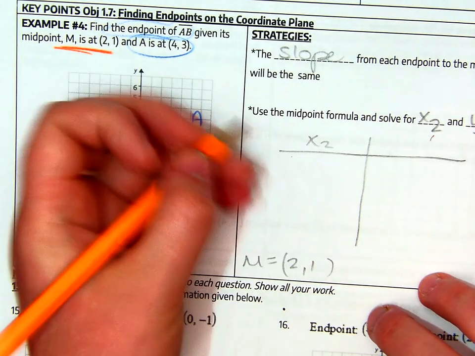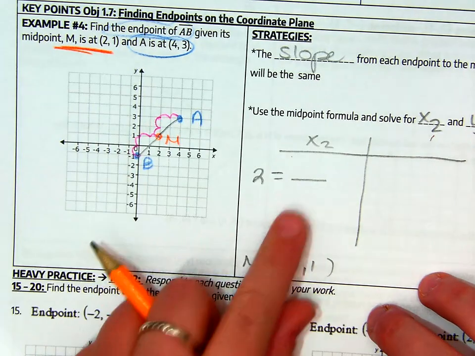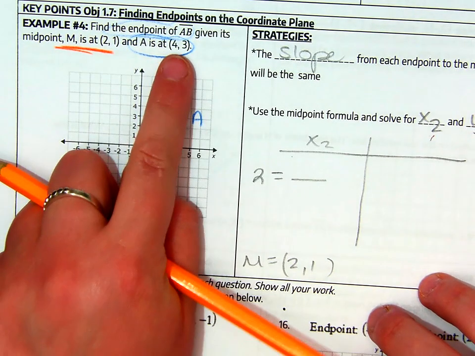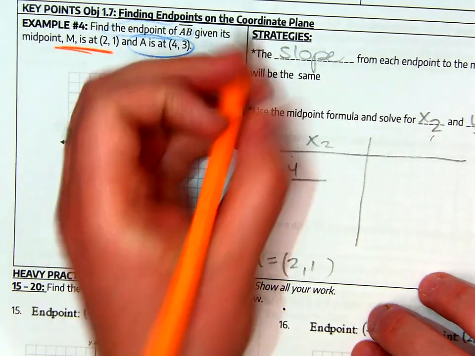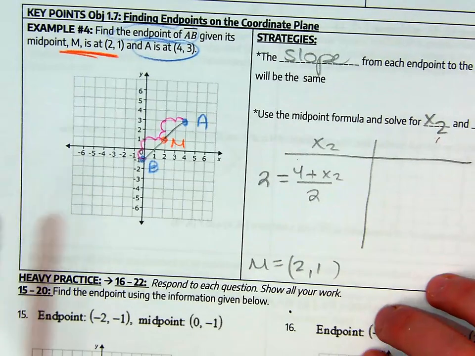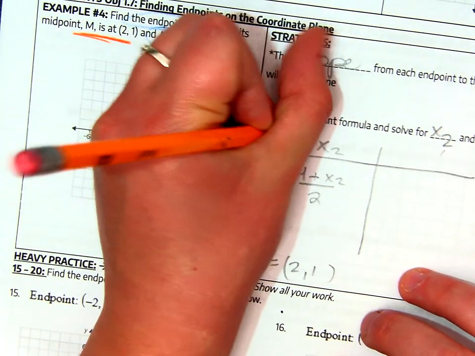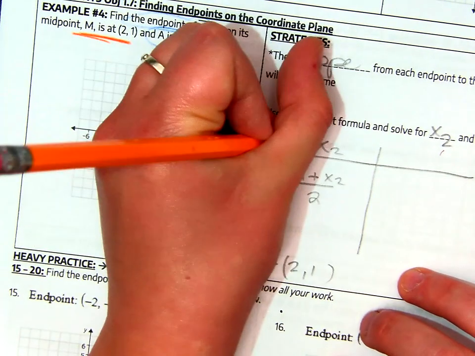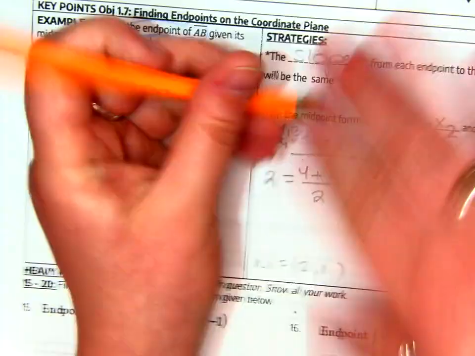So for the x coordinate, my midpoint is 2. That's equal to adding 4 plus whatever our x2 value is that we didn't know yet. Right, so I had A over here, which was 4, 3, and that's x1 and y1.